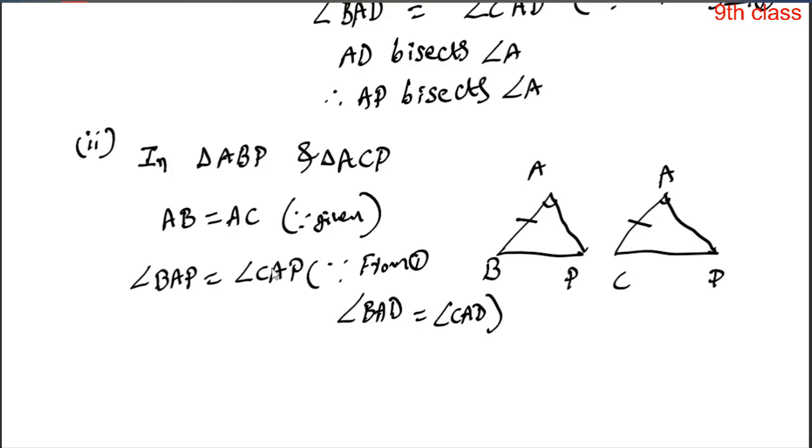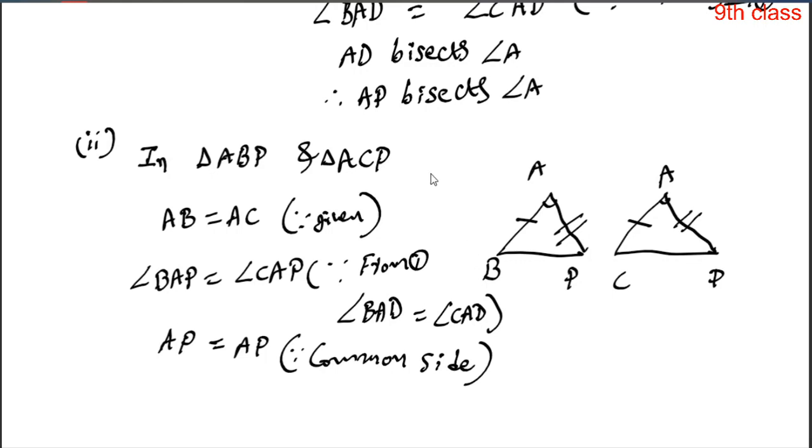These two angles are equal. Next, AP is equal to AP, since AP is the common side of triangle ABP and triangle ACP.